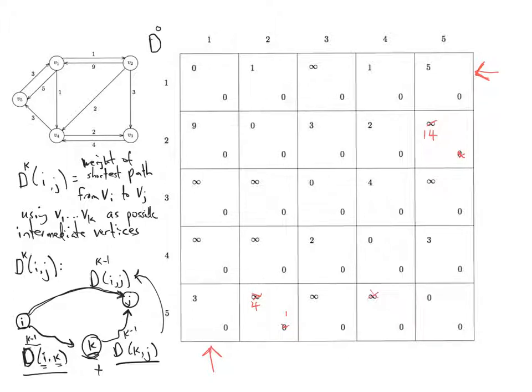So we cross it out and replace it by 4 and by 1. Okay, so that's the end. This is now D1. So this chart now gives all the best ways to get from any vertex to any other vertex where you're allowed to go through one intermediate vertex, namely just vertex 1.